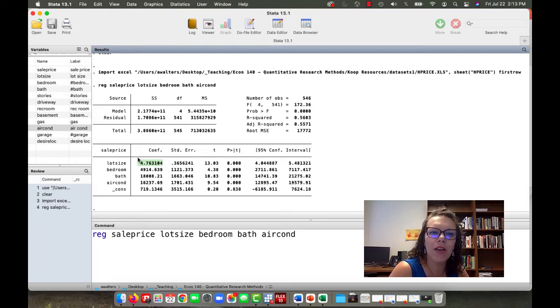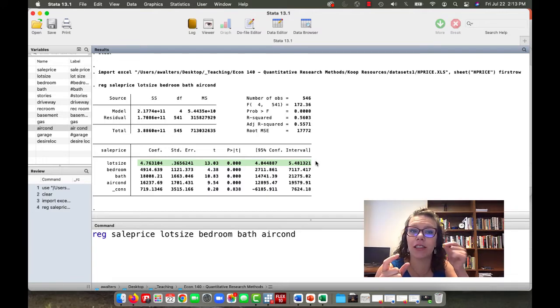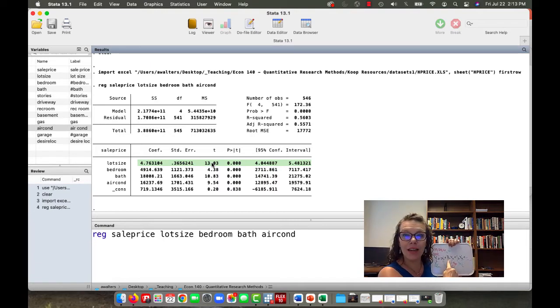But then we have these other things here. And remember when I said we're not 100% sure about that coefficient, the marginal effect of a change in lot size on house price? Well, these other numbers here tell us about our certainty. And so when we estimate this beta 1, we are not sure what the real value is. And so we put a hat on it because it's an estimate.